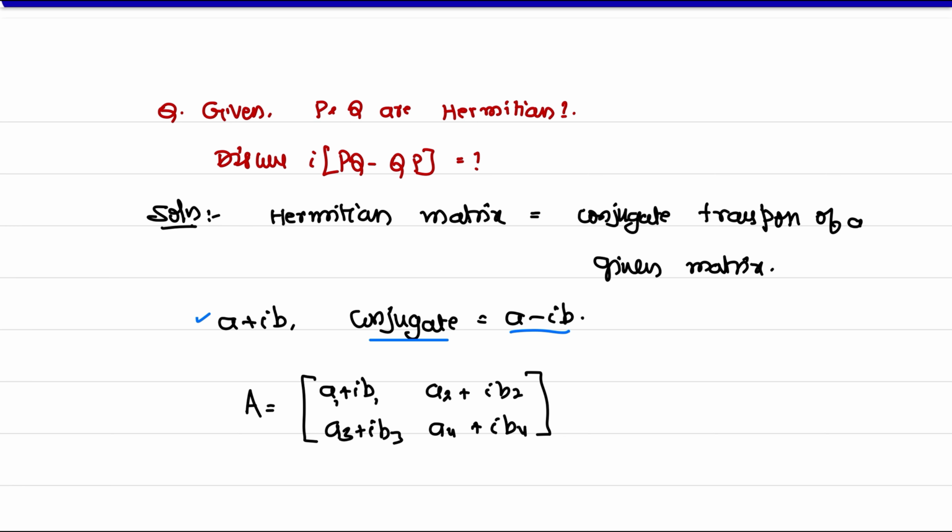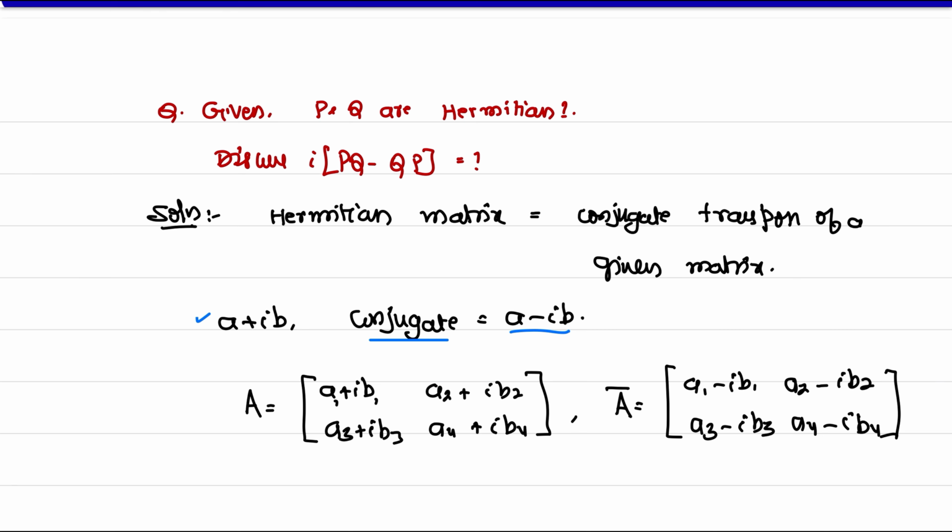And these are the complex numbers, a plus ib or a minus ib. Then what will be its conjugate? The conjugate, A bar, will be a1 minus ib1, a2 minus ib2, a3 minus ib3, a4 minus ib4.